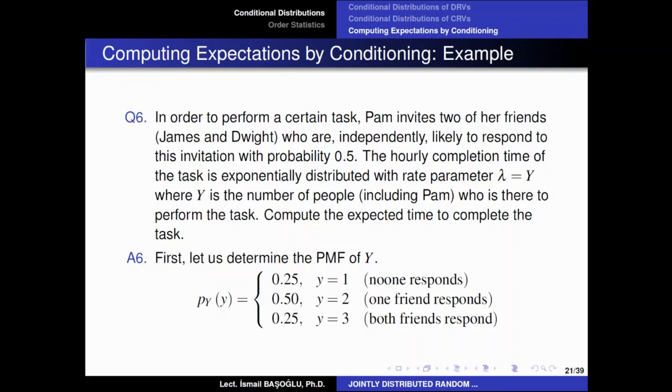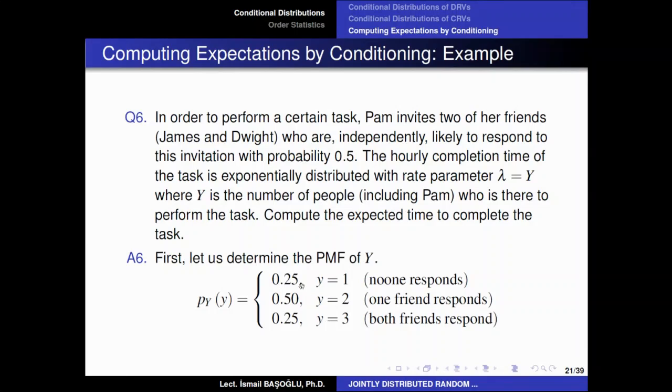Now, first of all, we want to determine the possible values of Y with the respective probabilities that it can take. What is the probability that none of these two guys is going to arrive? James is not going to participate with 0.5 probability, and Dwight is not going to participate, independently, with 0.5 probability, which means the probability that neither James nor Dwight responds is 0.25 as a joint probability.